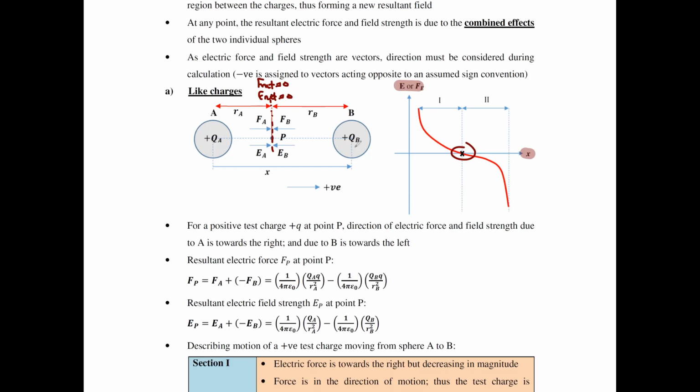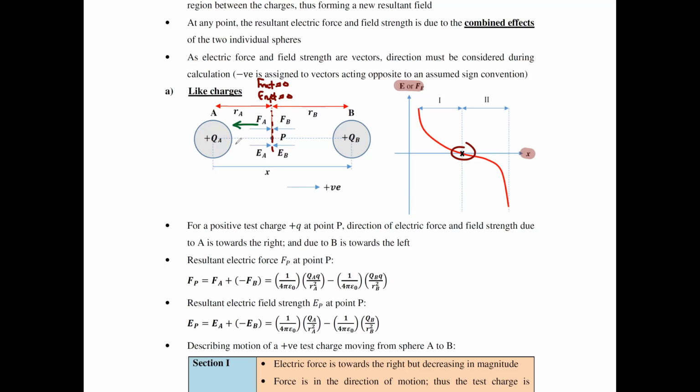But if you were to move a bit towards the left or a bit towards the right, you will get a net value, but they can be in opposite directions, represented by the positive and negative sign here. What do I mean by that?